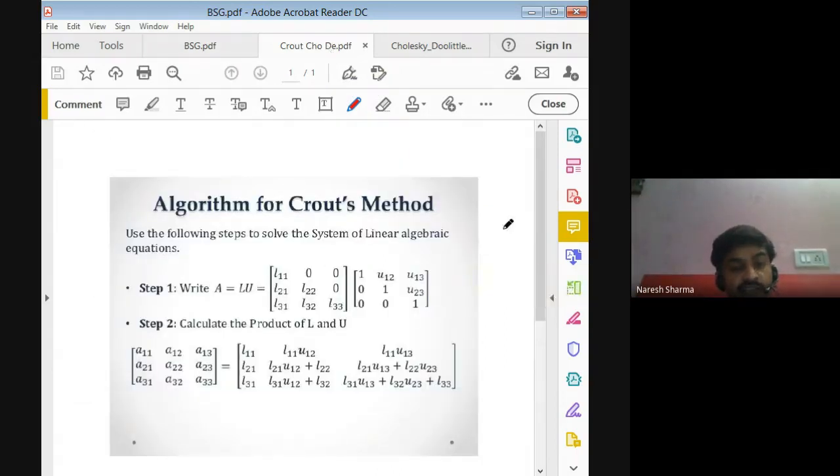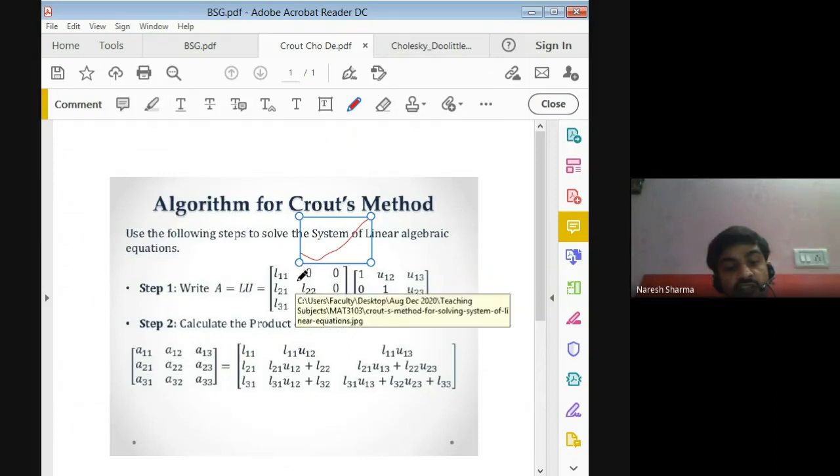The difference between your Crout method and Doolittle method is that in Crout method your lower triangular matrix is complete. Complete means in your Doolittle method we use diagonal element equal to 1. But here we write diagonal elements as L11, L22 and L33.